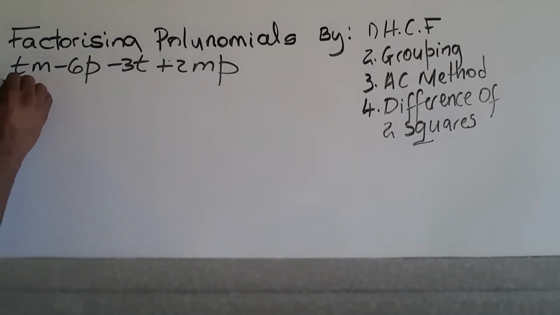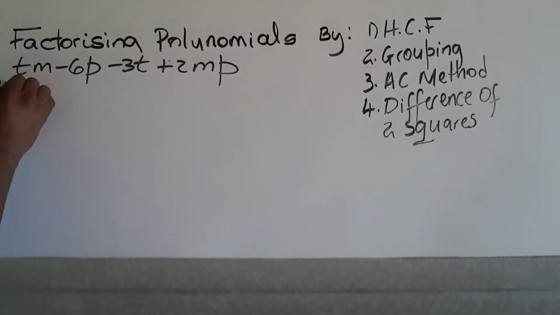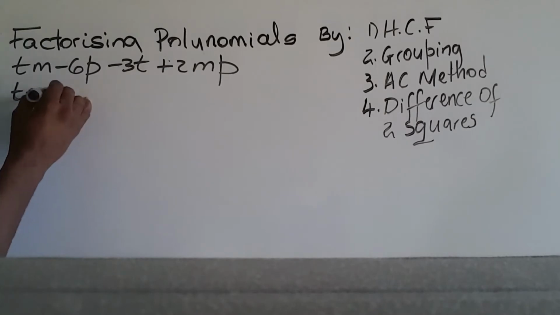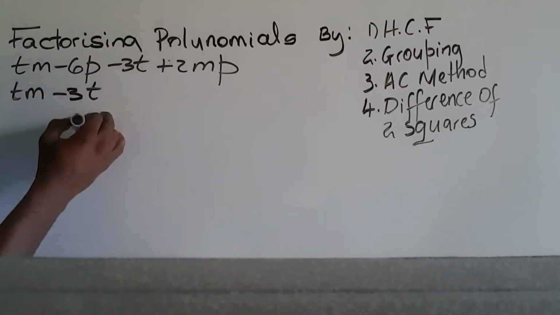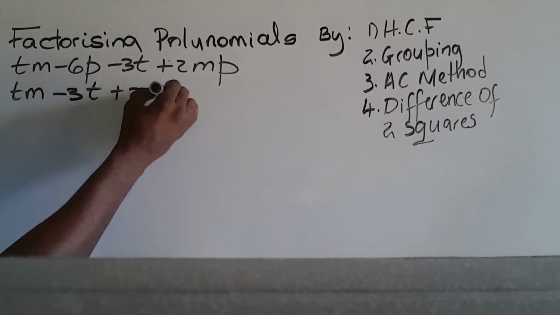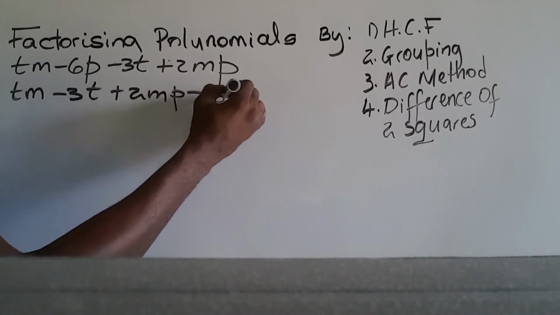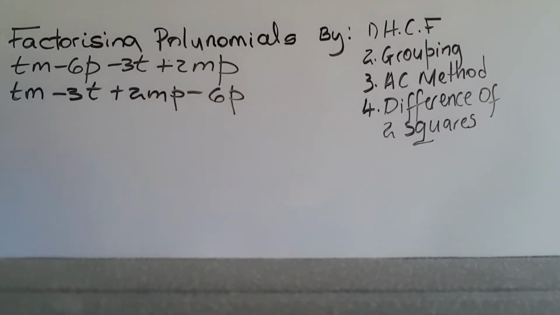Okay, so I'm going to have this written as tm minus 3t plus 2mp minus 6p. So I'm just going to rearrange it like that quickly.